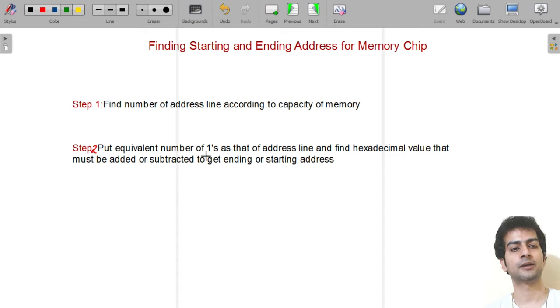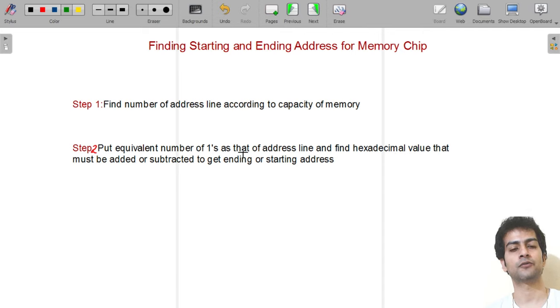Put an equivalent number of ones. The first step is to find the number of address lines according to the capacity of the memory, that is, n is equal to 12 for this question. The second step is to put an equivalent number of ones as the address lines and find the hexadecimal value.